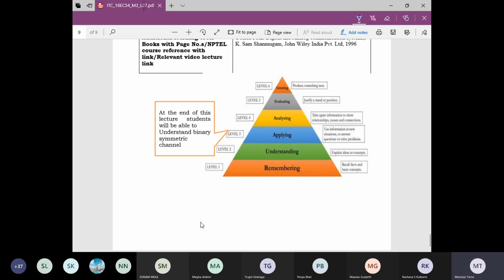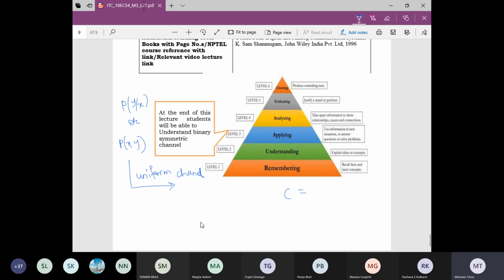They give you a channel matrix or a JPM. If it is a uniform channel, then we need to compute the channel capacity.